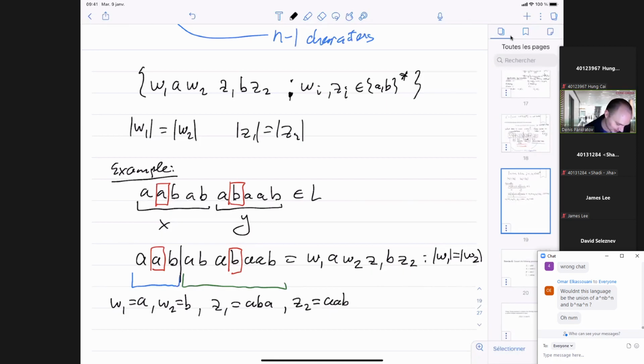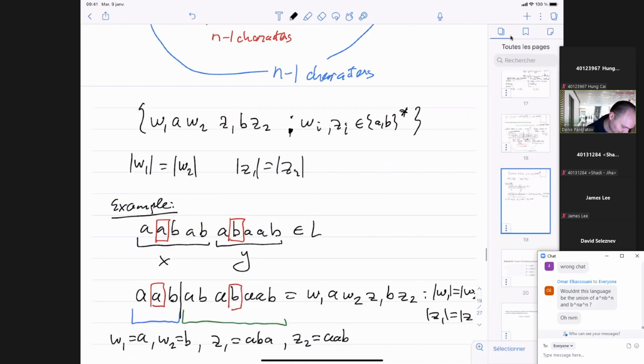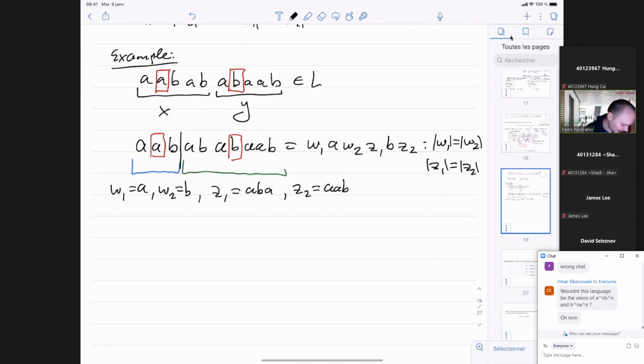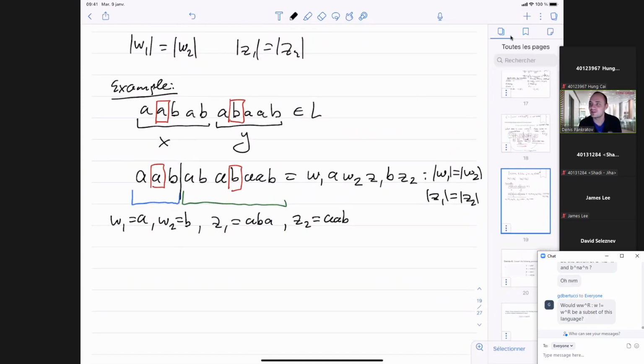That's why size of W1 is equal to size of W2, and size of Z1 turns out to be equal to size of Z2. And you can always do it. Every string that is XY, where X is not equal to Y, has an alternative representation where the different characters are the corresponding middle portions of the substrings.